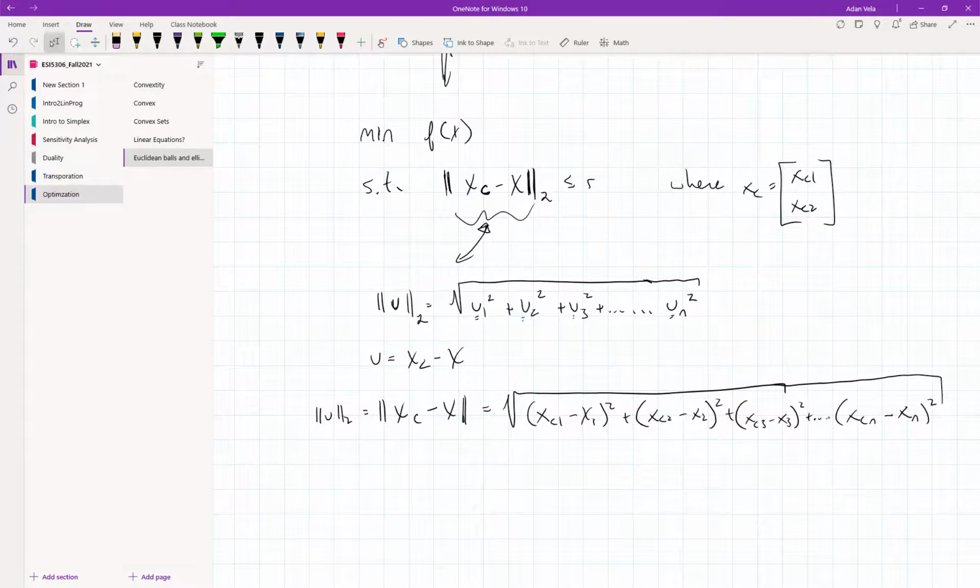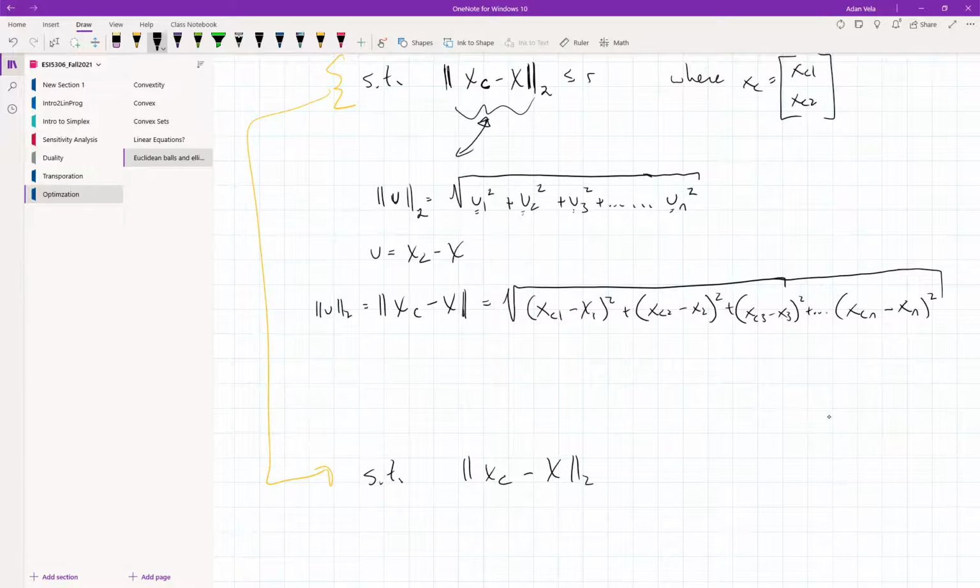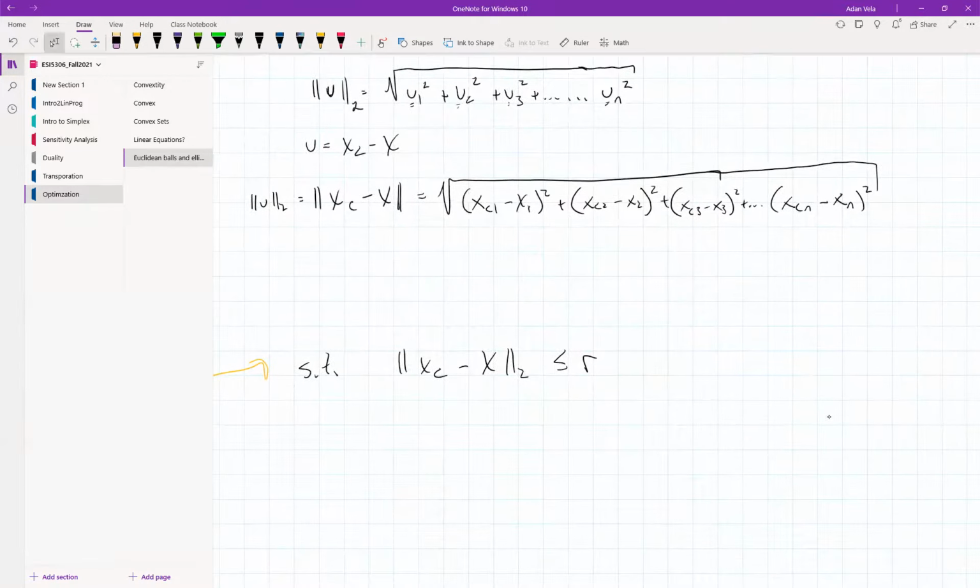Now, there's other ways of representing this. So we could absolutely, if we take this constraint, expand it out. So we started off with, we have a such that the L2 norm of xc minus x is less than or equal to r. If we substitute in that square root, that's certainly fine.